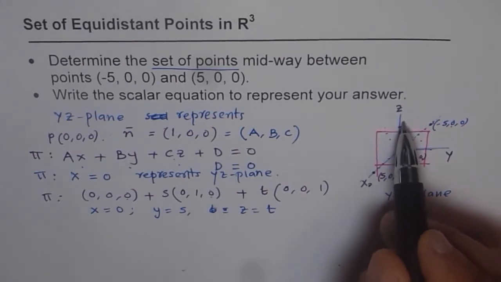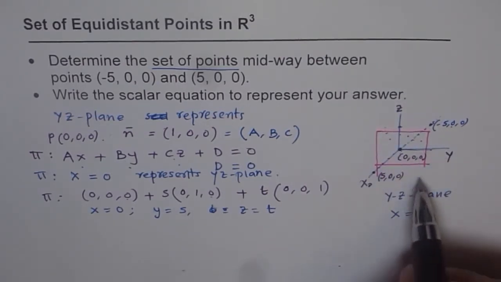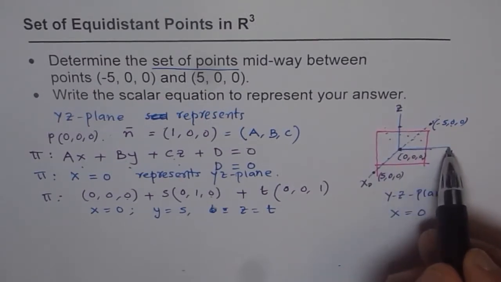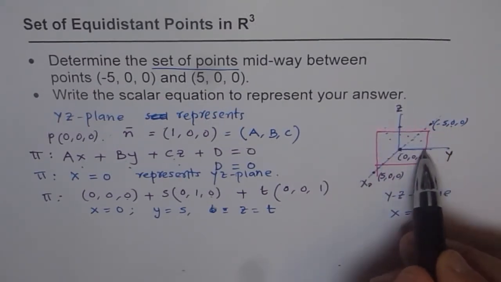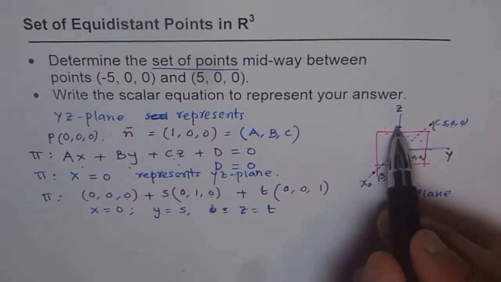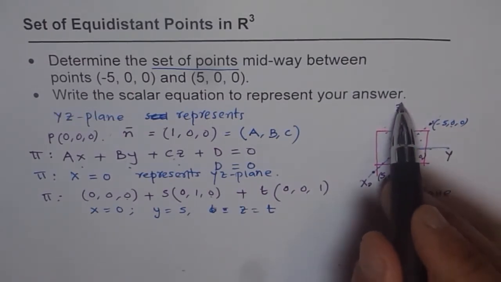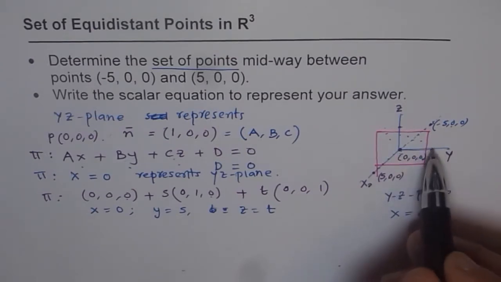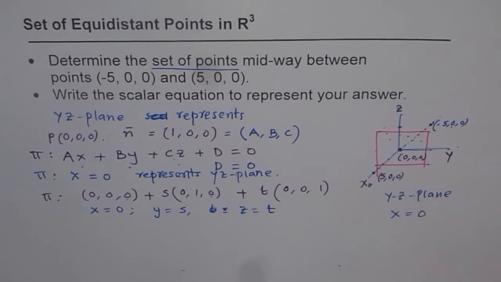So it is along the z-axis and also along the y-axis. This is the plane we are talking about, which extends in the z direction, upwards and downwards, and the y direction, right and left, right? That is how we can represent the set of points midway between the given points.